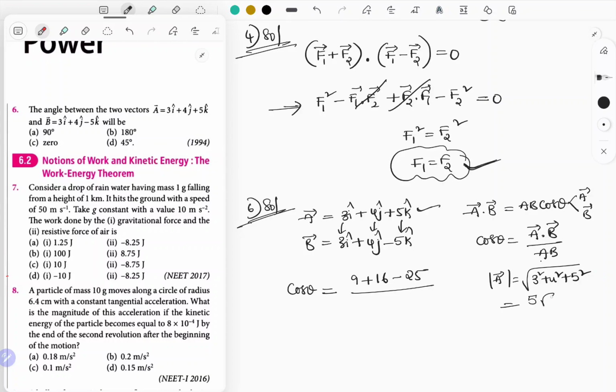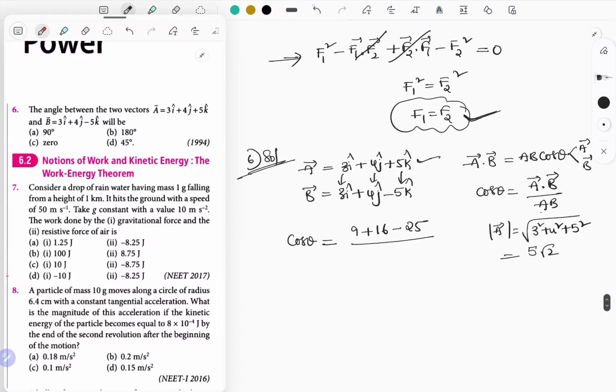We can write it as 5 root 2. Check once again: 3 square is 9, 4 square is 16, which is 25, plus 5 square 25. It is going to be 50.